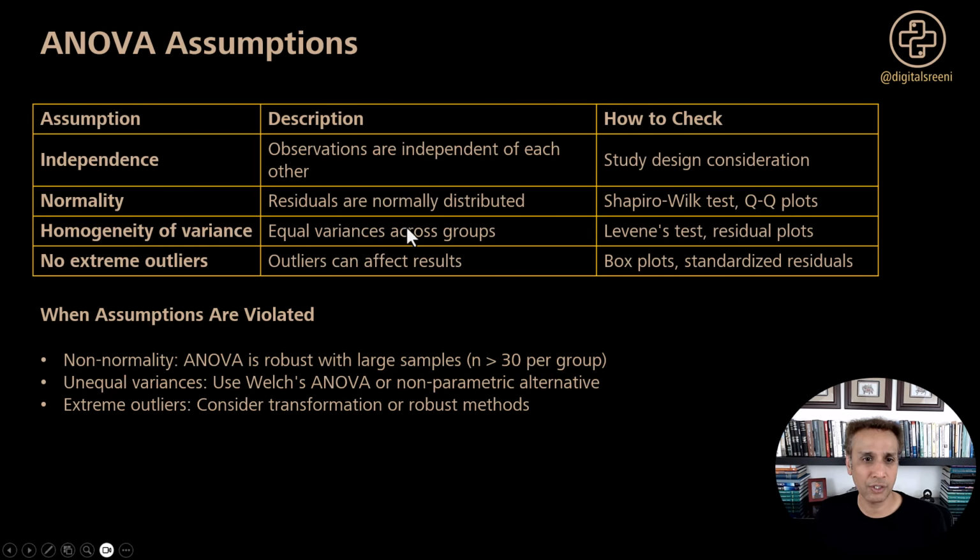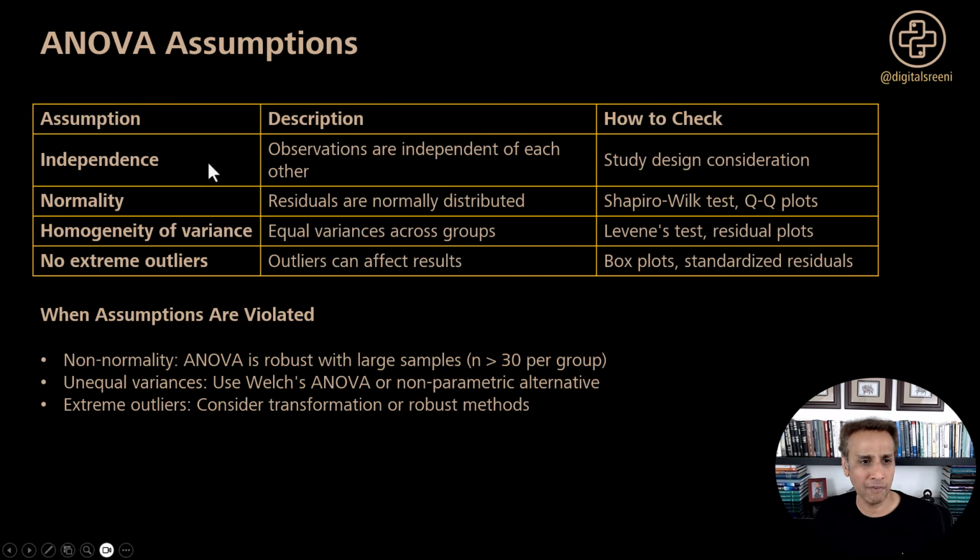Homogeneity of variance: equal variances across the groups. Again, we can use Levene's test, and I say again because we did this in the last tutorial. And of course, no extreme outliers, since outliers can affect results. You can look at box plots, standardized residuals, and IQRs to get an idea of the outliers.